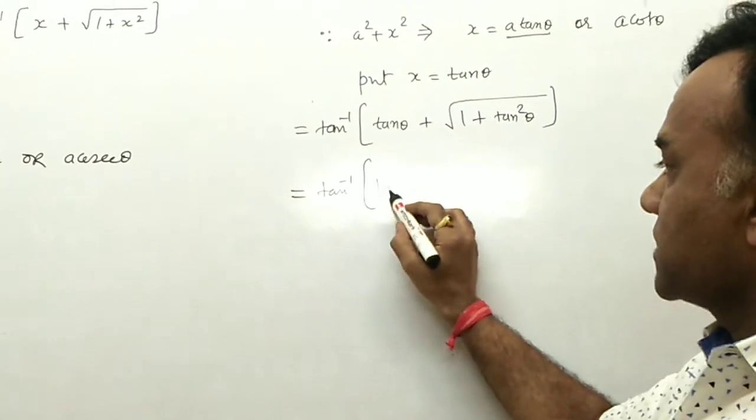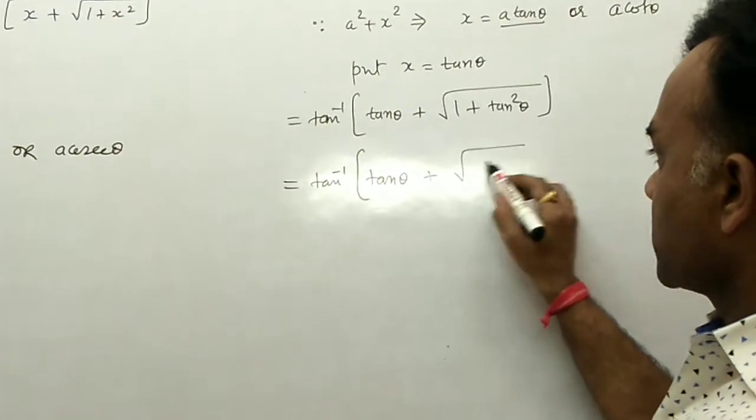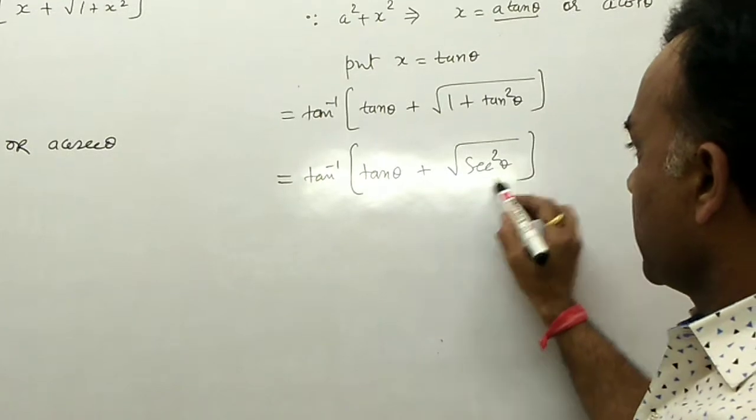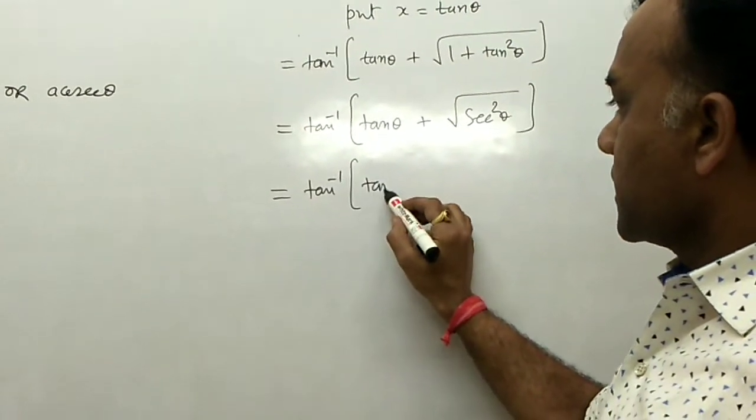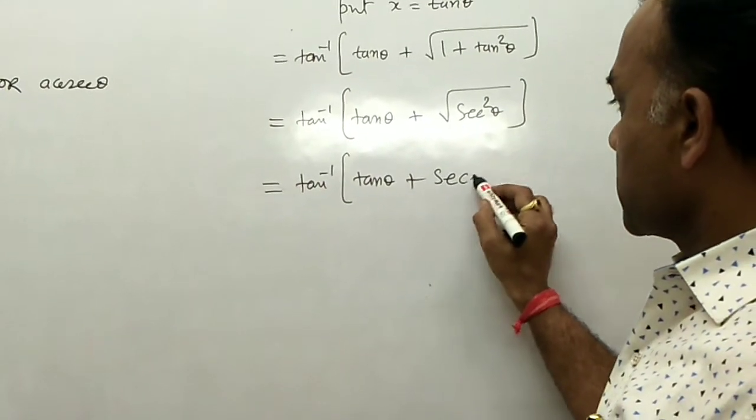We know the identity 1 plus tan square theta is sec square theta, so the square root sign is removed, and you have tan inverse of tan theta plus sec theta.